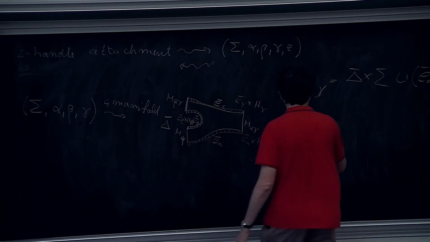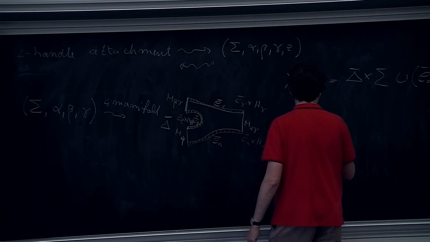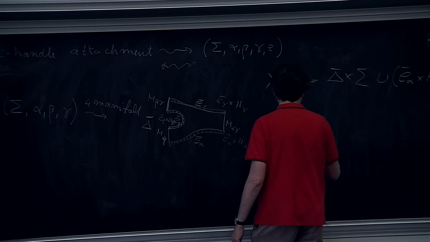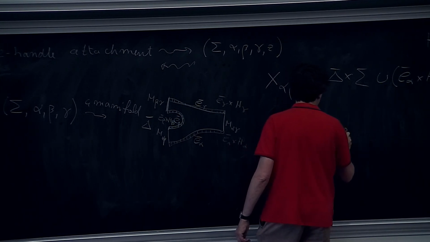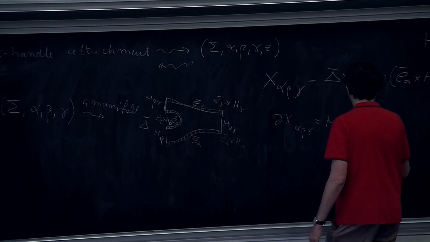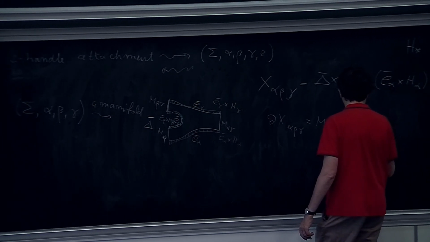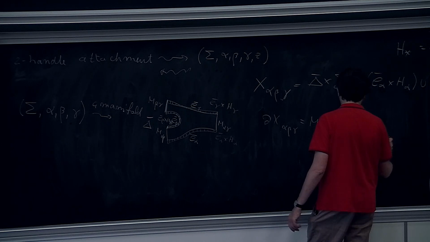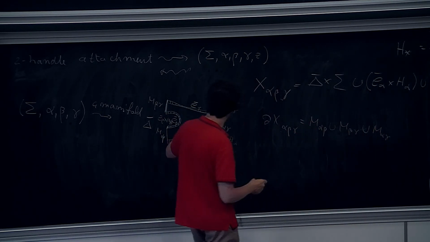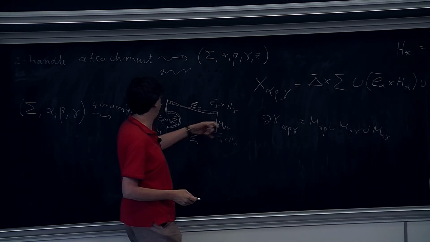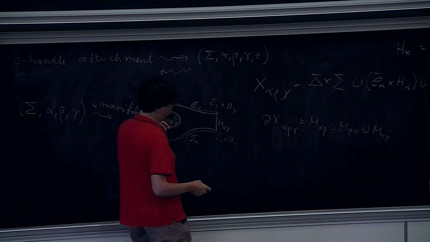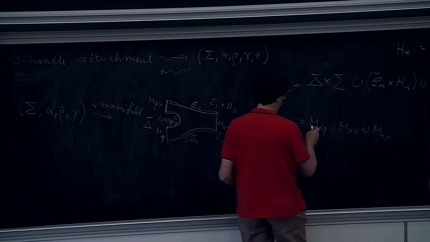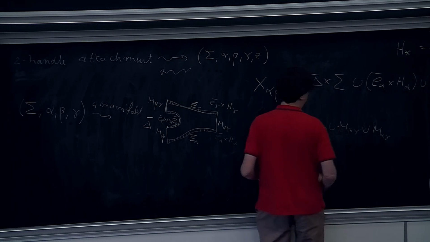So the boundary of X alpha beta gamma is equal to M alpha beta union M beta gamma union M alpha gamma. And moreover, if you check the orientation, this has the boundary orientation. These two have the opposite of the boundary orientation. So in fact, we should put minus signs here.